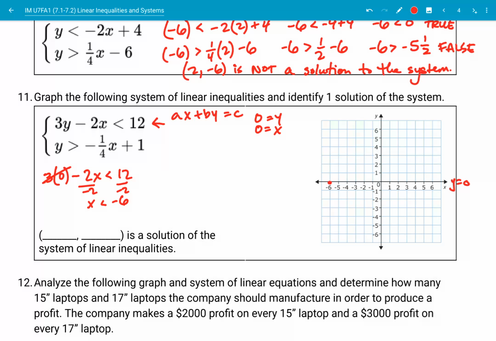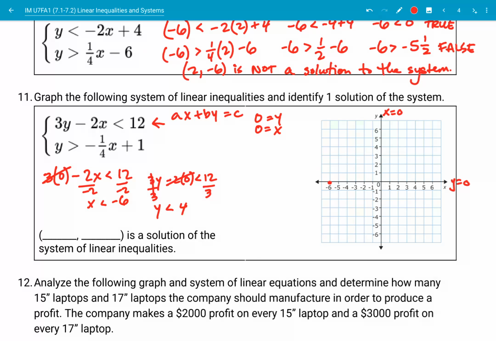Now I need my y-intercept, so I'm going to plug in 0 for x, because remember, the y-axis is the line x equals 0. So I do 3y minus 2 times 0 is less than 12. This part is equal to 0. Now if I divide both sides by 3, I get y is less than 4.